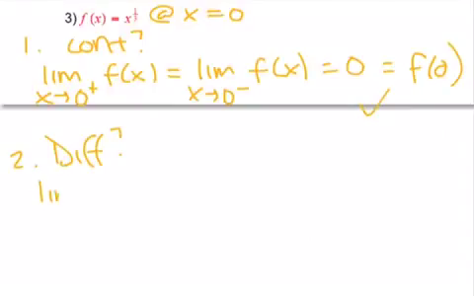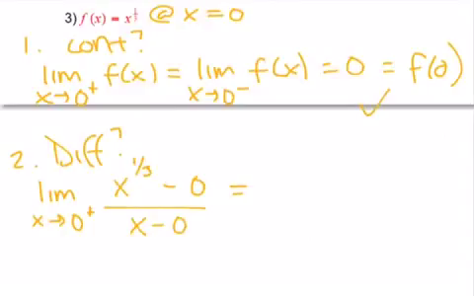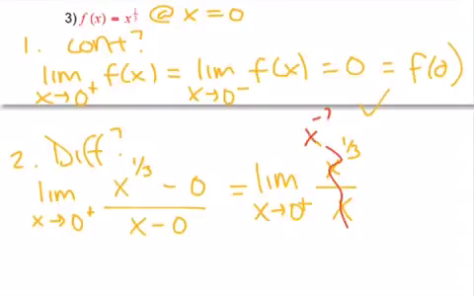So we need to find the slope on either side. That's going to be f of x minus f of 0 over x minus 0. So that's x to the 1/3 over x. So that's x to the negative 2/3, which is 1 over x to the 2/3.